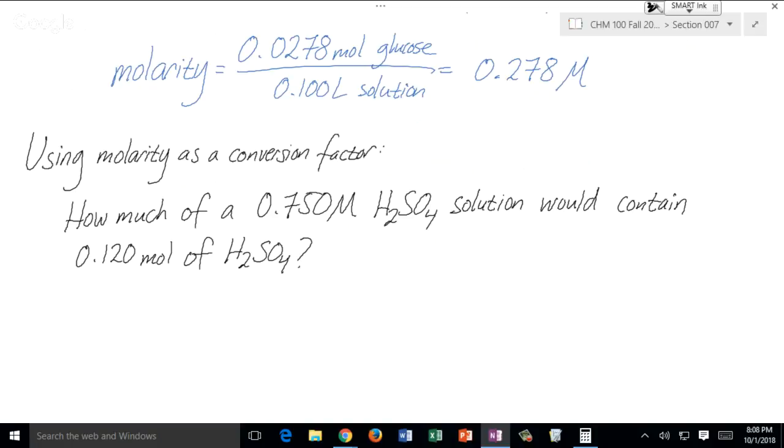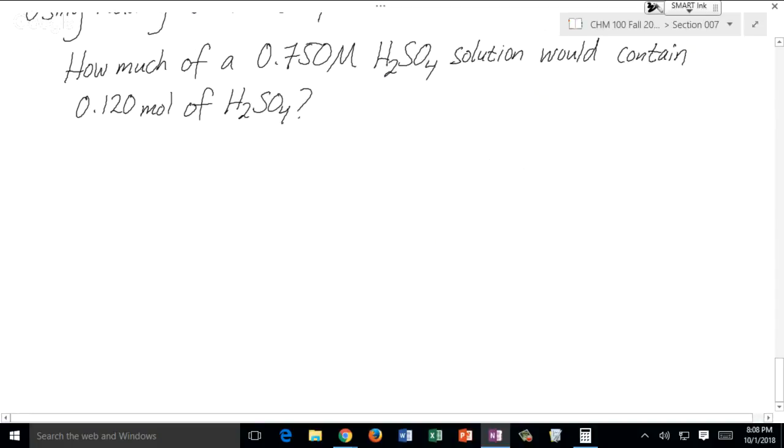There's a couple ways to do this. You can do it as a proportion because you know that 0.75 molar is 0.75 moles per liter. But I think we should stick with our same technique that we've always done all these conversion type problems and just use that molarity as a conversion factor. So when we see that molarity, 0.750 molar, we can write that a couple different ways.